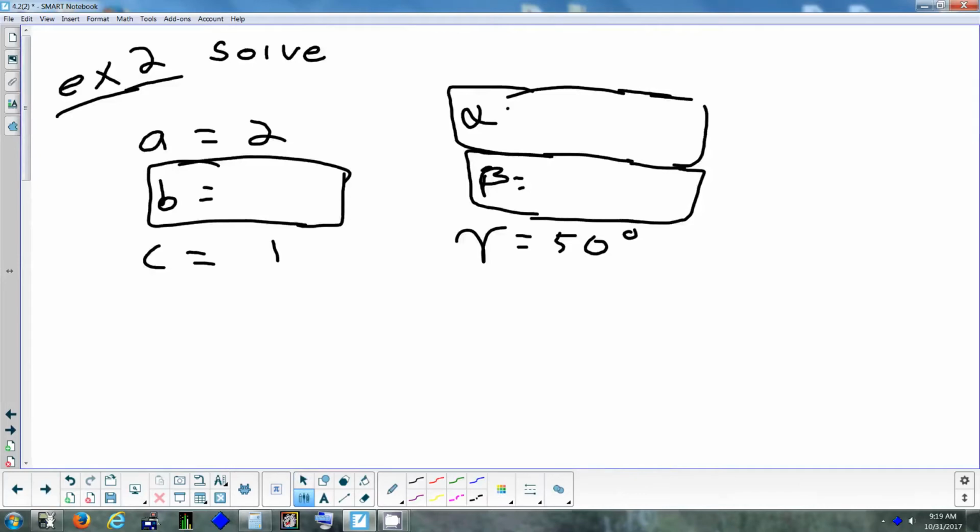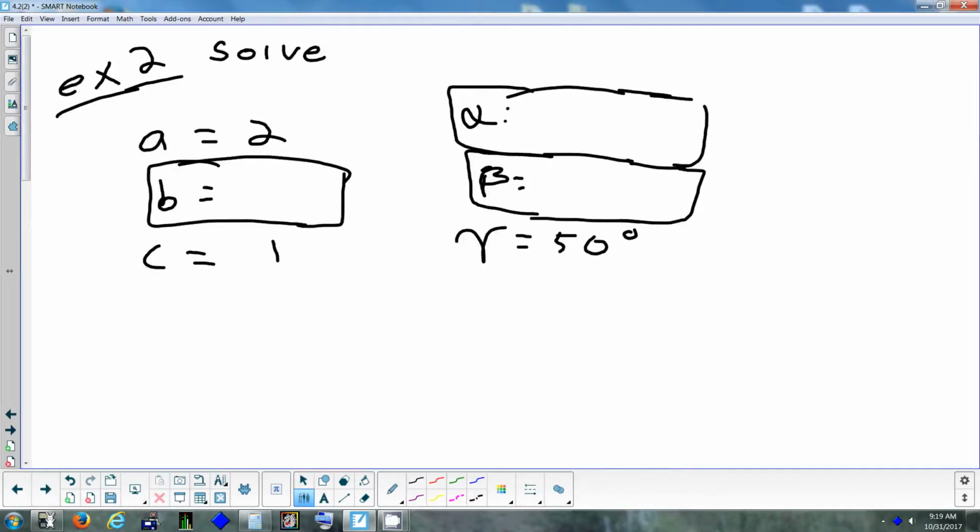So Zach, what do I have to find first here? Alpha. Yeah, I've got to find alpha. You can't do B and you can't do beta because that row is totally empty. So if you pick the second row, you're going to have 2 things that you don't know. Okay, so any questions on why we've got to do alpha?